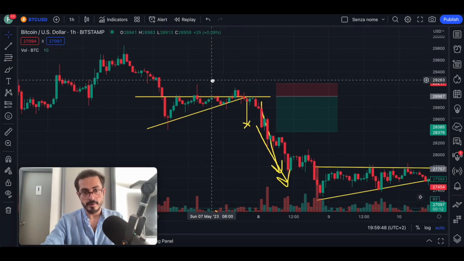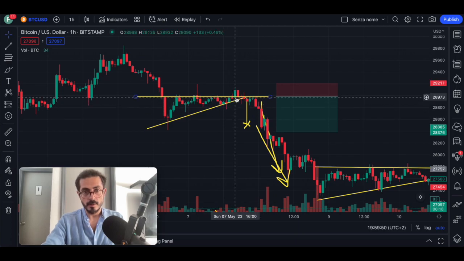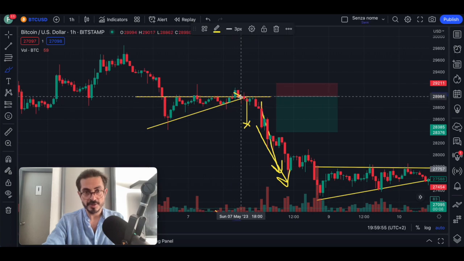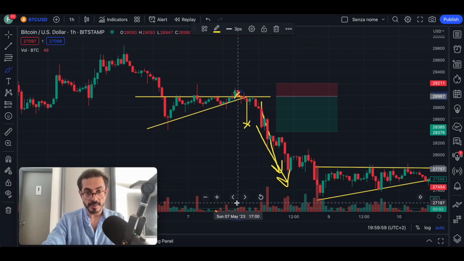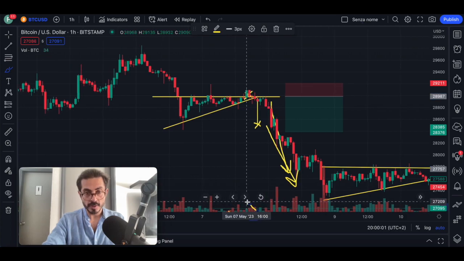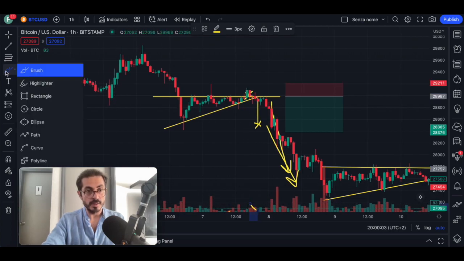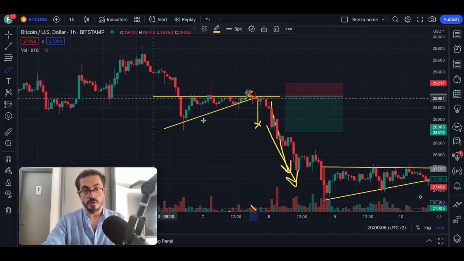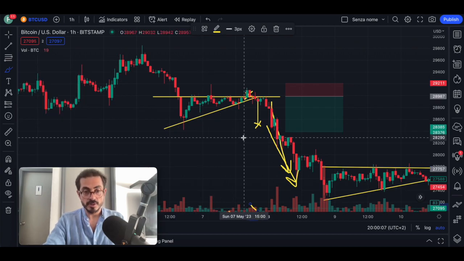So again, as you can see here, we had a breakout of this resistance line, but there was not enough volume to be confident in placing a trade. And so, first biggest mistake, do not trade a breakout without volume.